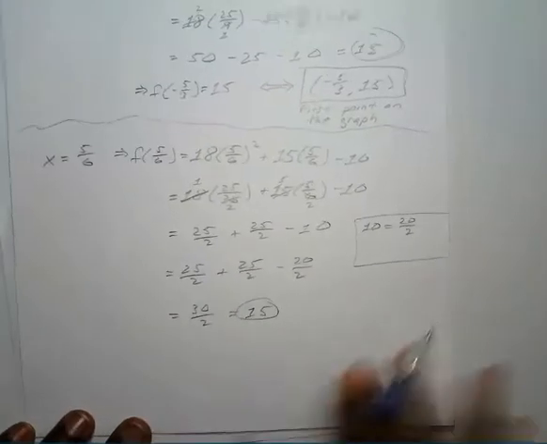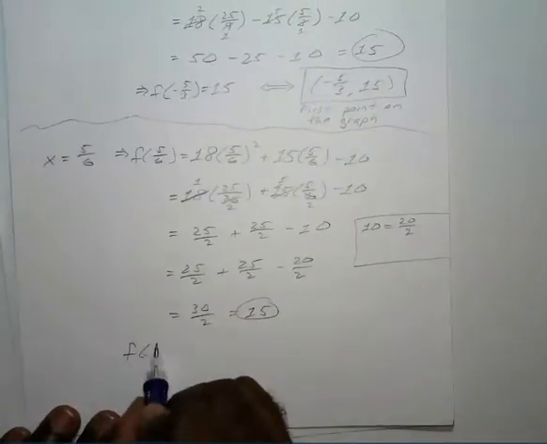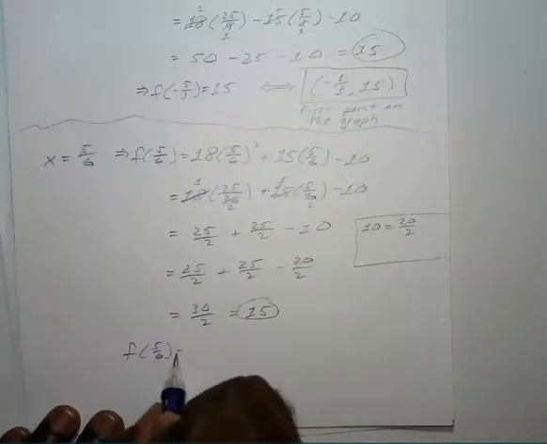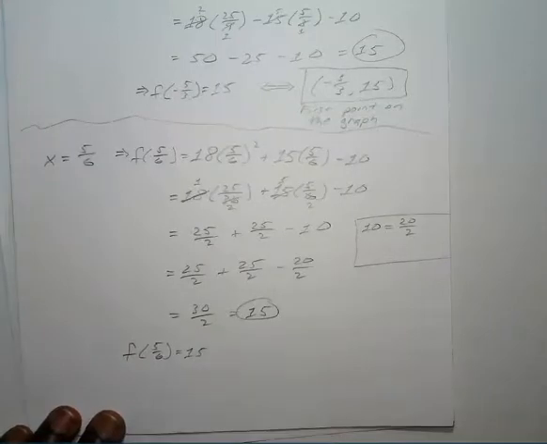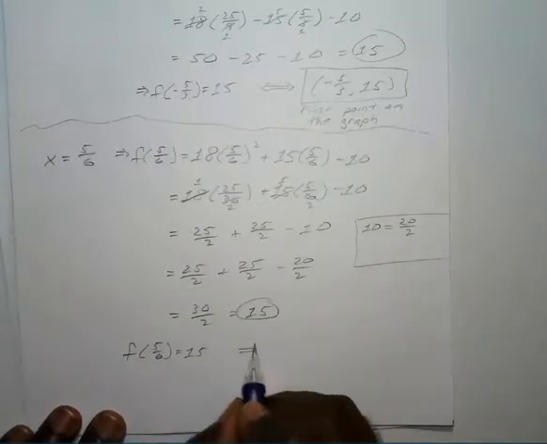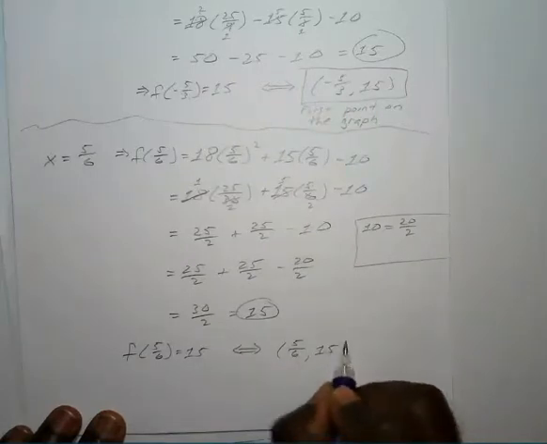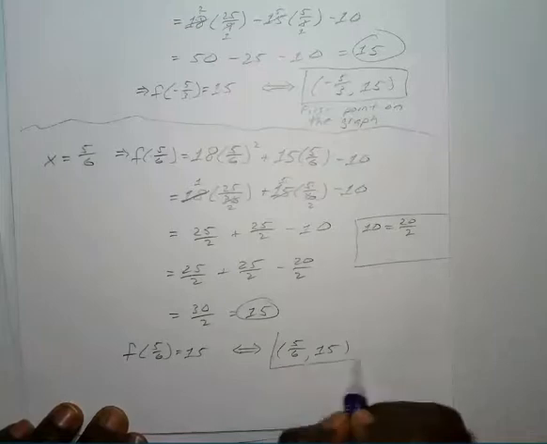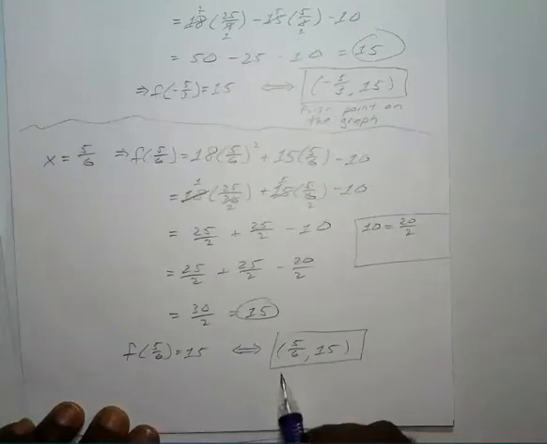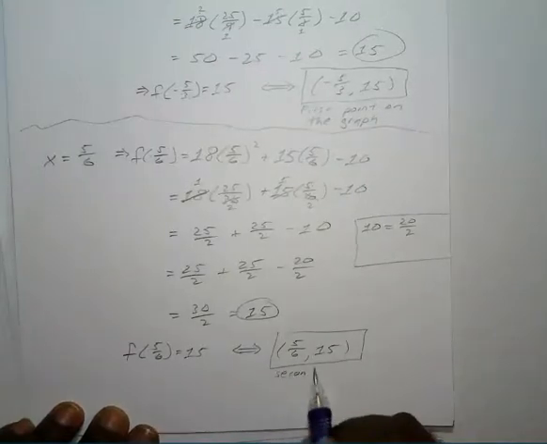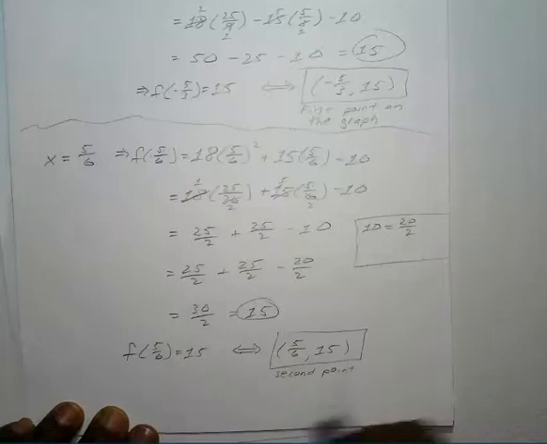Okay, so we know that f of 5 over 6 also equals 15, pure coincidence. So our point would be 5 over 6, 15, which is our second point on the graph.